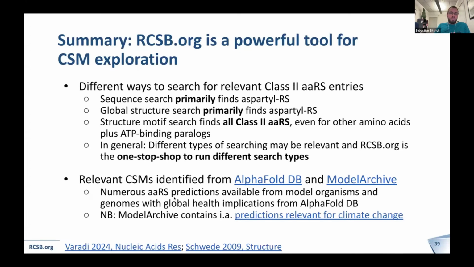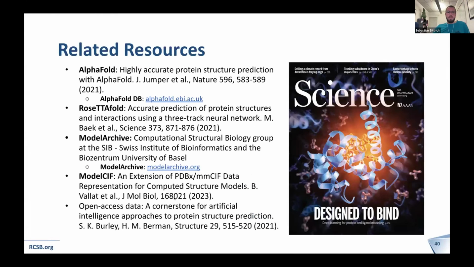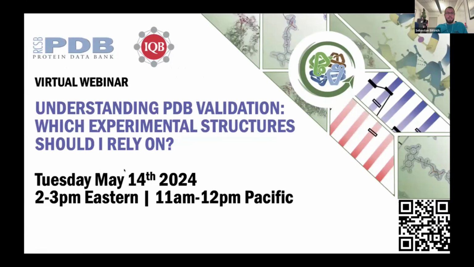AlphaFold DB mainly contains model organisms, including predictions for the human genome, but also genomes with global health implications, whereas Model Archive, for example, contains genomes that are relevant for combating climate change. Here you can see some related resources, and a big shout out to Brinda Vallat and ModelCIF, which is basically the bedrock of this integration, and which made it really easy for us to integrate computed structure models from AlphaFold as well as Model Archive.